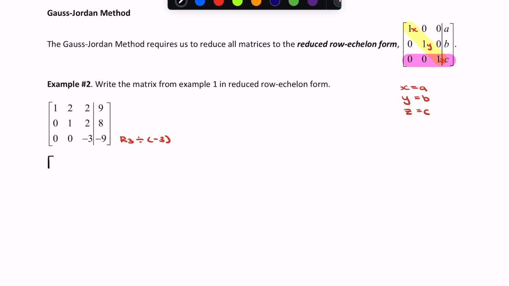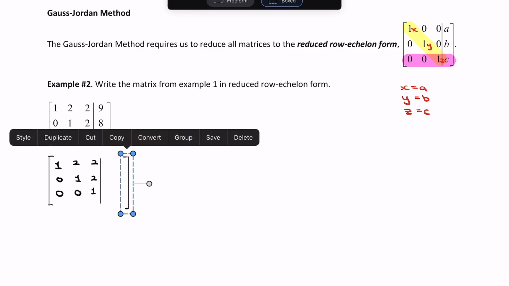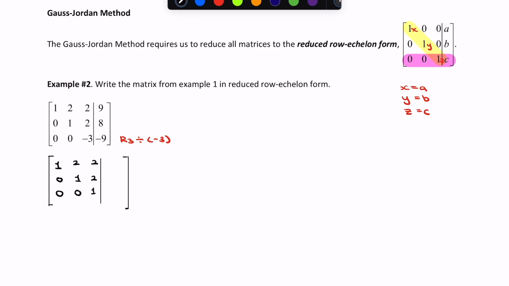What that will give us is 1, 0, and 0, 2, 1, and 0, 2, 2, and 1, and then we have 9, 8, and 3.